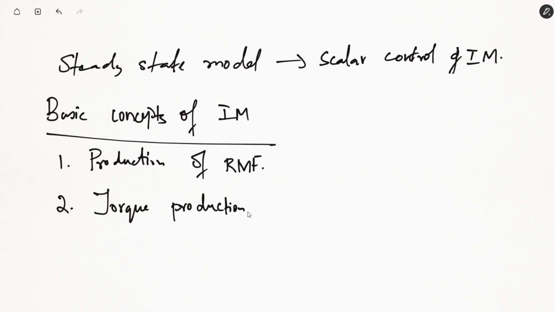Since the rotor windings are shorted, a rotor current is established. That rotor current leads to production of a rotating rotor magnetic field. So you have a stator magnetic field and you have a rotor magnetic field. Both are rotating at the same speed, that is the synchronous speed. Because of the interaction of the stator magnetic field and the rotor magnetic field, torque is produced as per the equation Tau is equal to Bs cross Br. So this is a cross product of the two magnetic fields, the stator magnetic field and the rotor magnetic field.